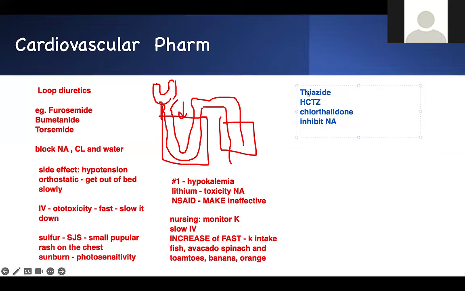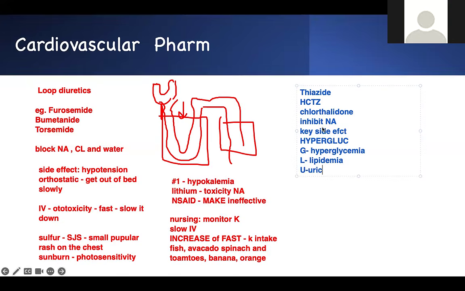The key side effect, I tell people to memorize this: hyperGLUC. That means what? H and the G, hyper G, glucose, so hyperglycemia. So if the patient is diabetic, it becomes a problem. Your glucose goes up, your lipids go up, hyperlipidemia. It increases your lipid level.